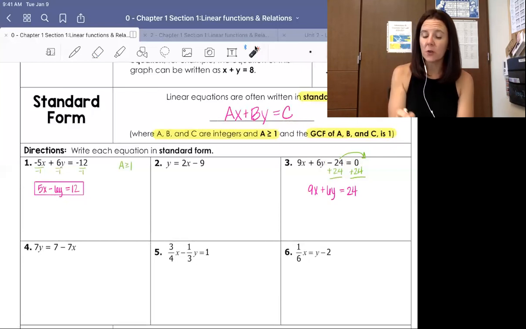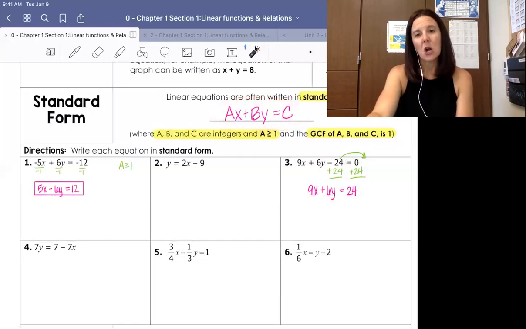And now we're super close. It's kind of in this format, but the problem is the greatest common factor of 9, 6, and 24 is not 1. They're all divisible by a common number. Specifically, they're all divisible by 3.